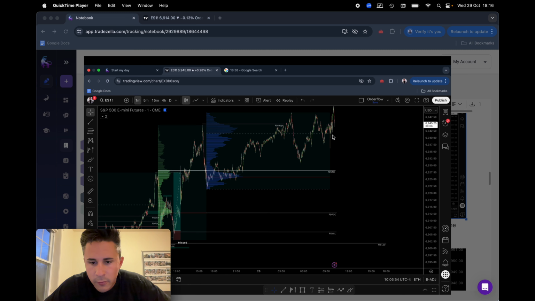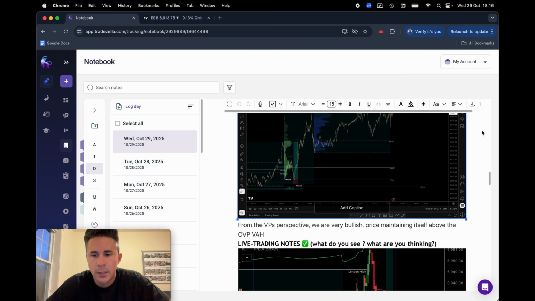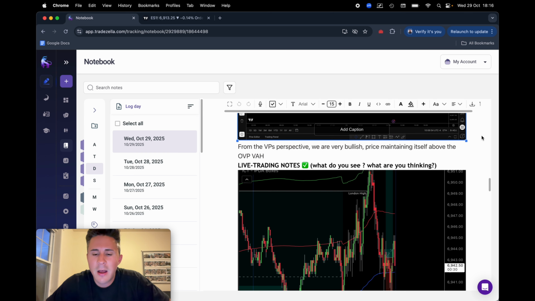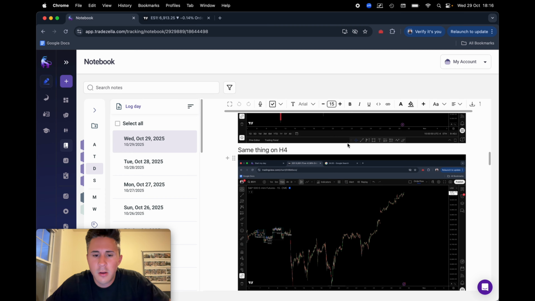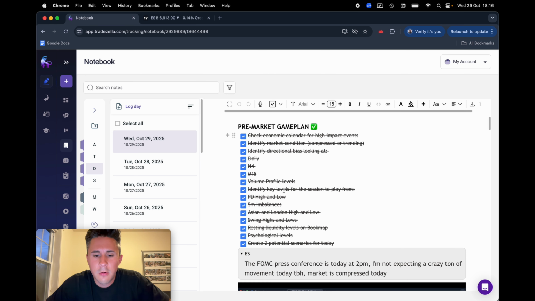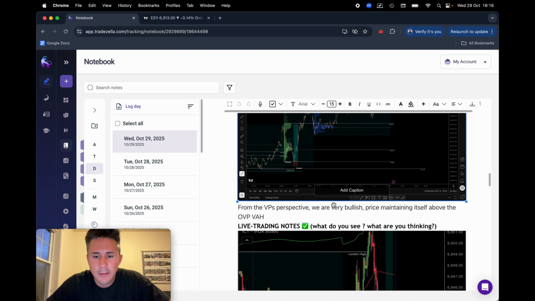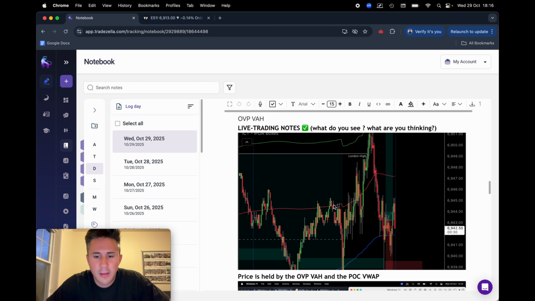And here, if you zoom, it's really holding above. But now you could say price took those two highs, so it could give a reversal. But yeah, price is pretty far away from the POC, the red line here. So very bullish indication.